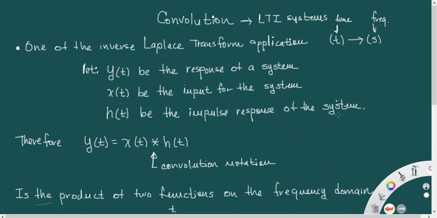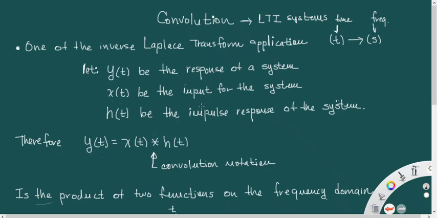So we have three variables and they depend on each other. We have the input for the system, and then according to the nature of that input, we will have some kind of impulse response, and then the impulse response of the system will become the general response or the output of that system.